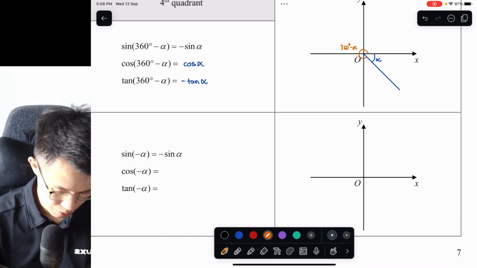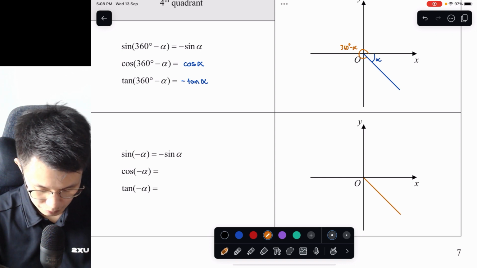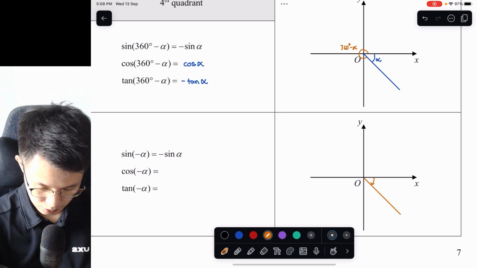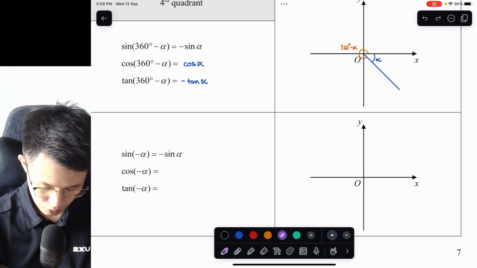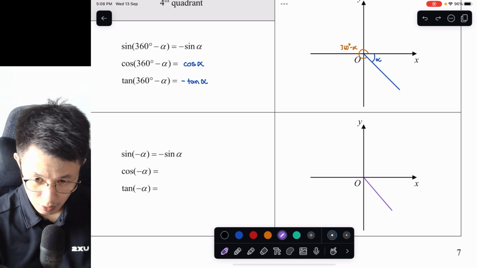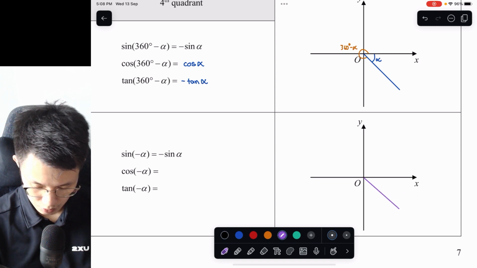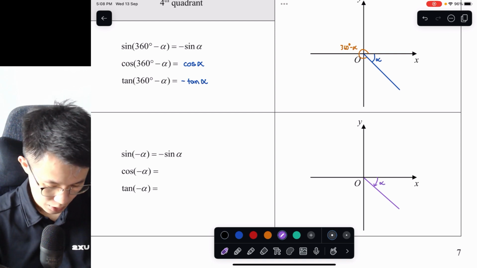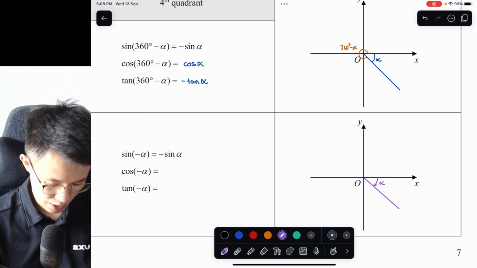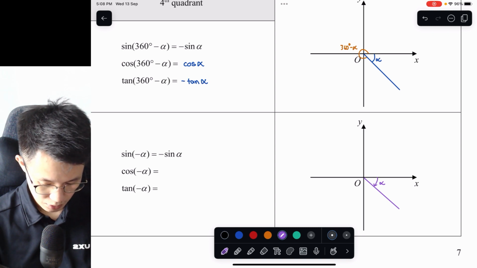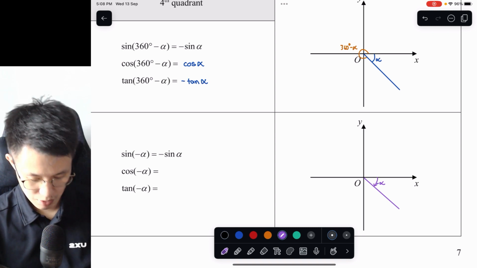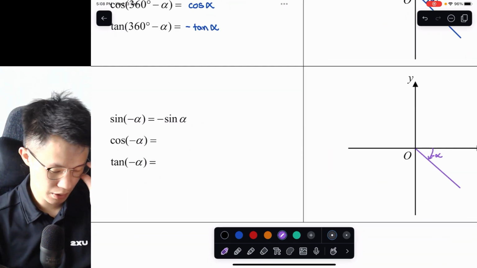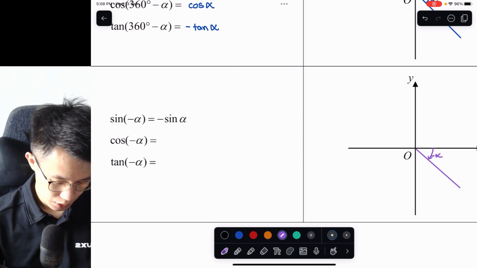If we have negative angles, we have to decide carefully based on the negative angle. So if I'm talking about negative angles here, this will be alpha, and hence sine of negative alpha will be negative sine alpha, which is simply the quadrants that we're talking about.